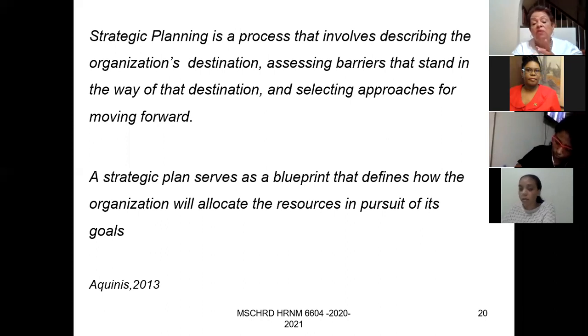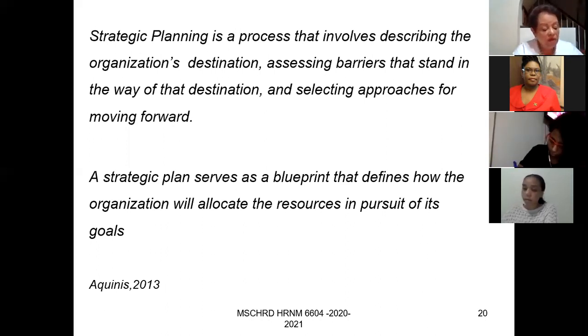So we think of the strategic plan as a blueprint. When you're building a house, you have to get a set of plans, and it details out for you what is to be in every room and the thickness of the walls and whatever. The company's strategic plan is similar to that. It's a blueprint. It also defines where the organization will put its resources in order to achieve its goals. It's a very important process.